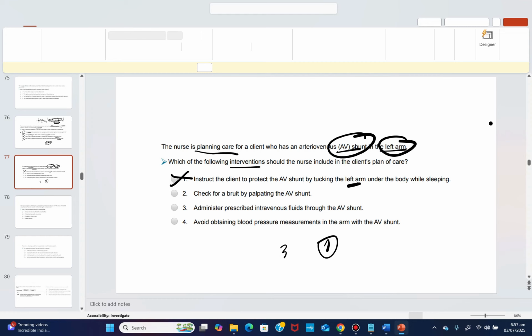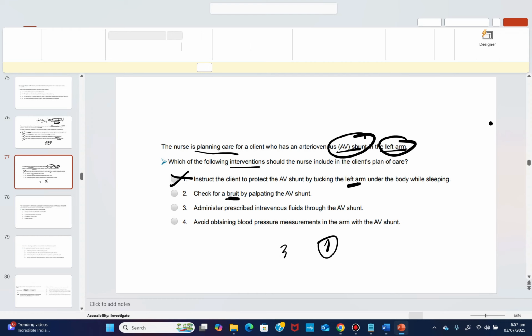Right now, number 2: check for bruit by palpating the AV shunt. So there are 2 things we always used to do, but in this case, the NCLEX is testing you for bruit. Now ask yourself, how do we test for bruit?